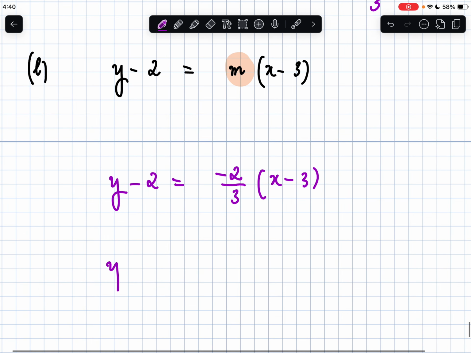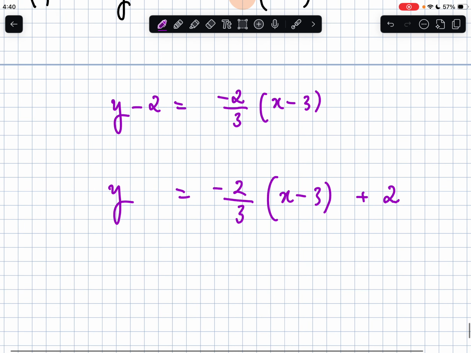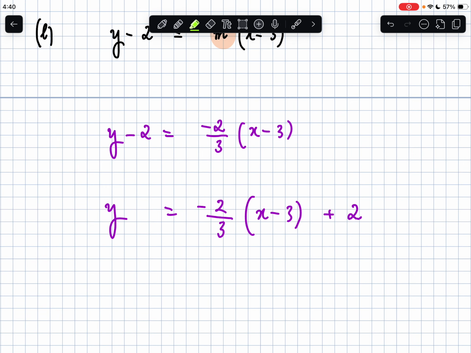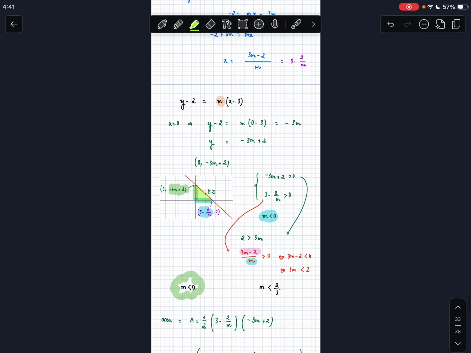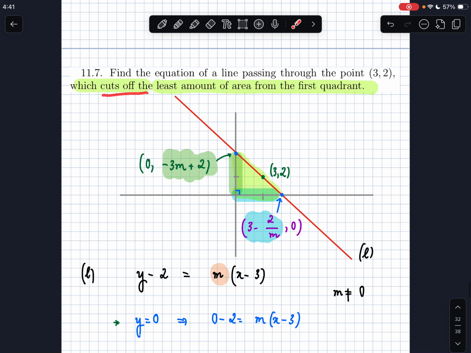Or you can rewrite it as y equals minus 2 over 3 times (x minus 3) plus 2, or any form you want. So here's our final answer. This is the line which minimizes the area of the triangle, or cuts off the least amount of area from the first quadrant.